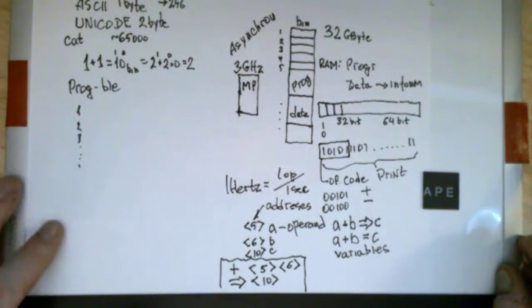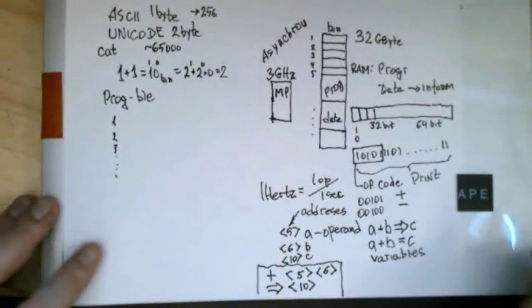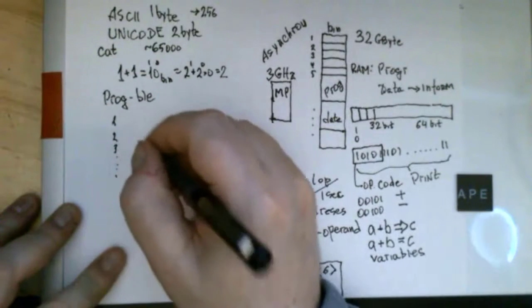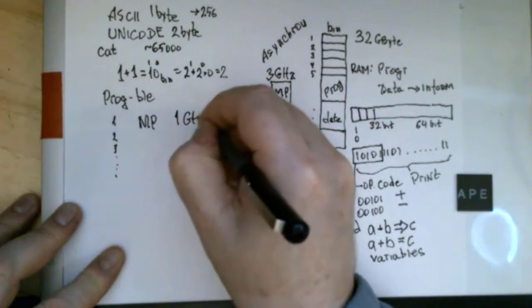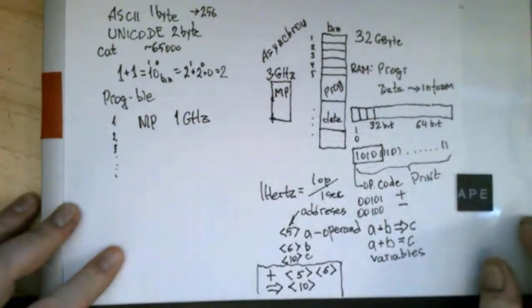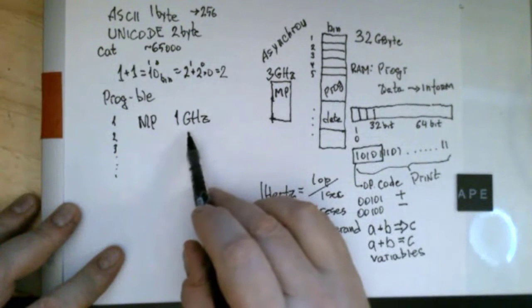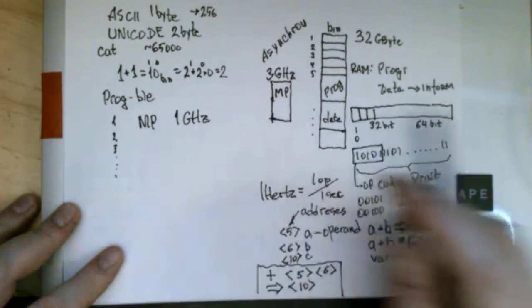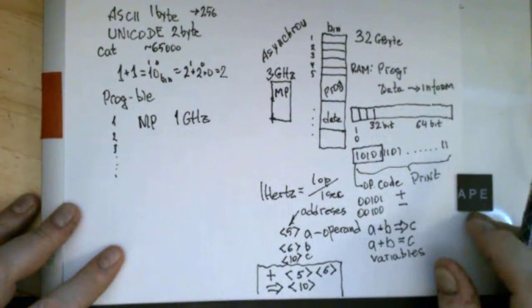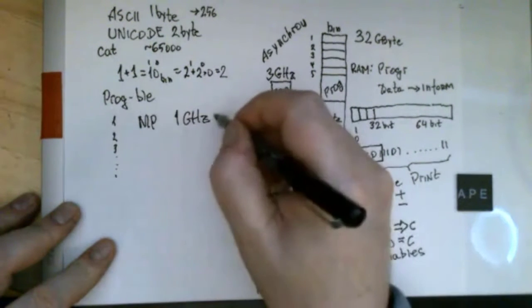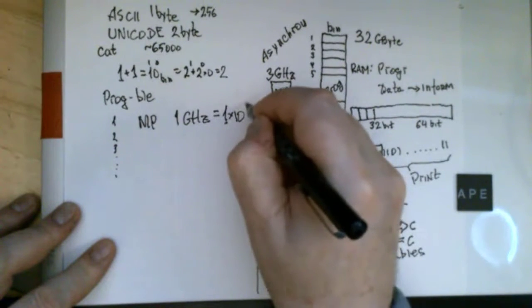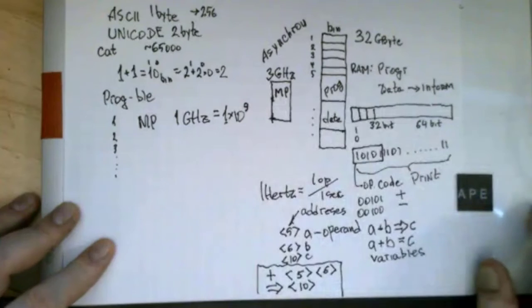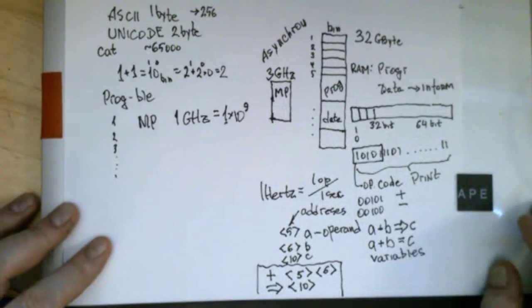There will be a question in a test. Consider that the microprocessor produces 1 gigahertz of frequency, meaning it produces 1 billion operations per second. What is the time frame for one operation? How to approach? 1 gigahertz is 1 multiplied by 10 to the power of 9. That is a billion.